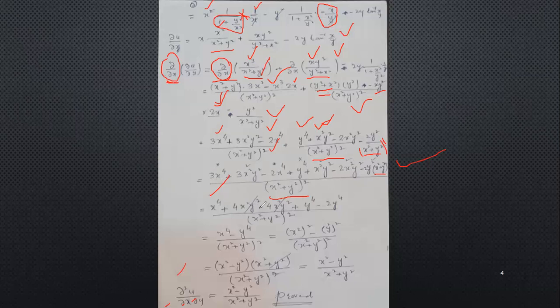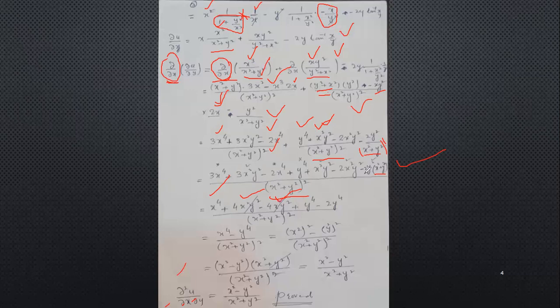So we get here 4x square y square positive and 4x square into y square negative, plus y raised to power 4 the same.